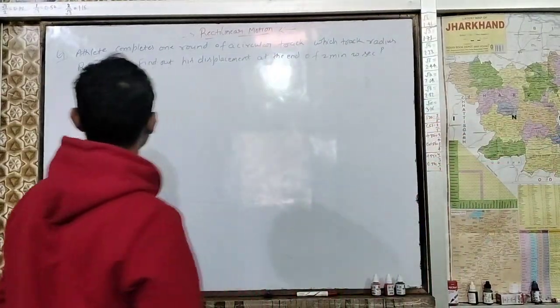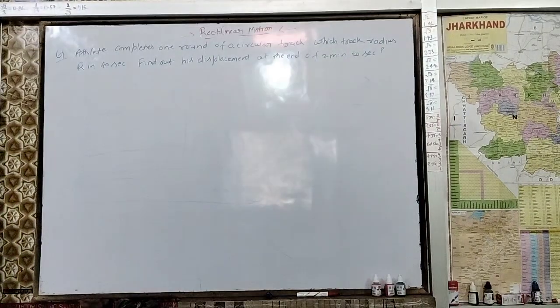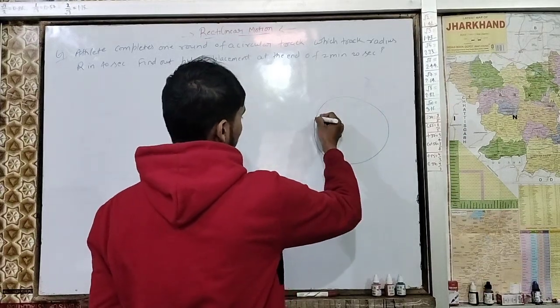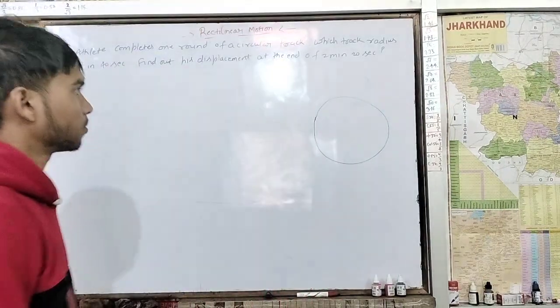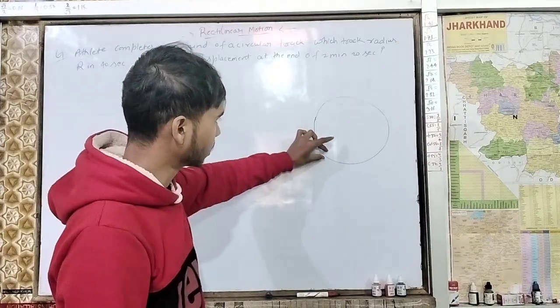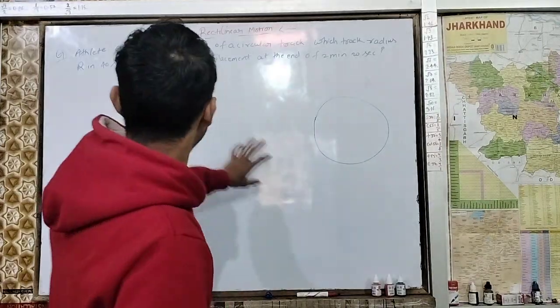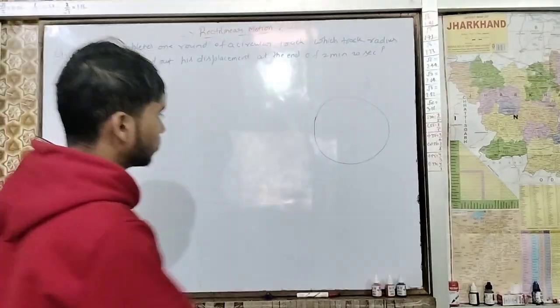Let's read this together. An athlete is a person who completes one round of a circular track. Let's say we have this circle, and a person is running on the circumference of the circle. He completes one round. How much? One round.